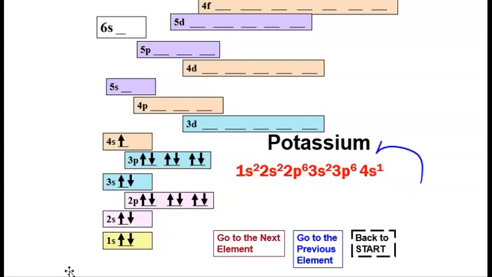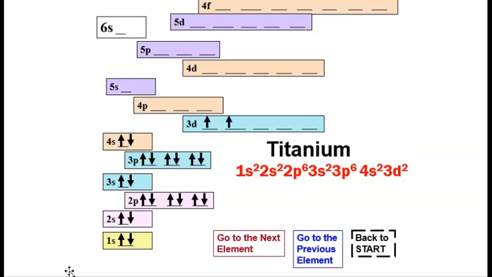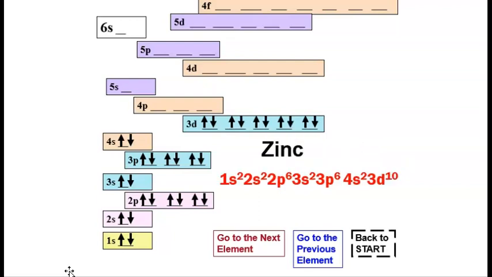We go back to the beginning of your periodic table, and you fill out your 4s group. Remember, it's in the fourth period, group 1A, 4s. Then add the second electron for calcium. Scandium is where you're going to start your 3d, and that's your transition metals. And as you go across, you add all the electrons for those metals as well. And then at zinc, you've filled out your 3d10.